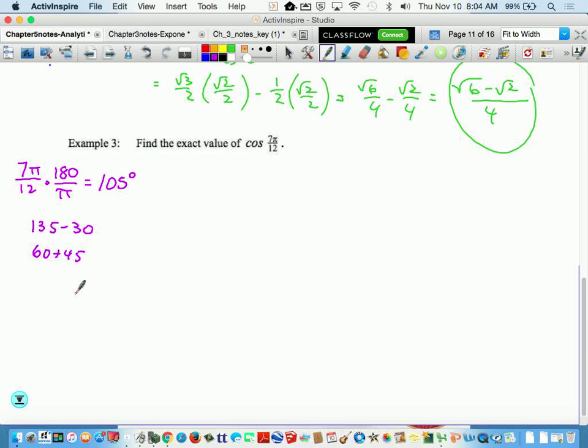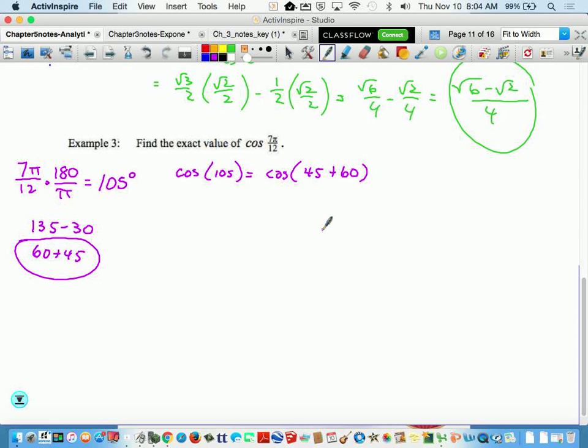I tend to use the ones that are in the first quadrant if I can, because the first quadrant is typically things that you've memorized. So let's use those again. So now we're doing the cosine of, instead of 7 pi over 12, it's 105, which can also be written cosine of 45 plus 60. Because you're adding these two things together, it doesn't matter which one you put first.